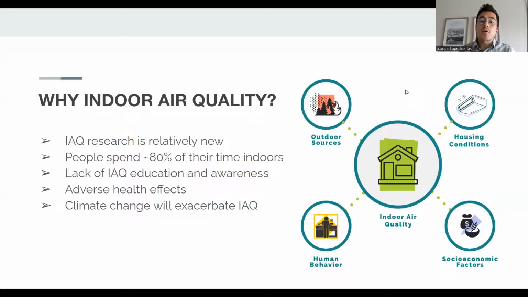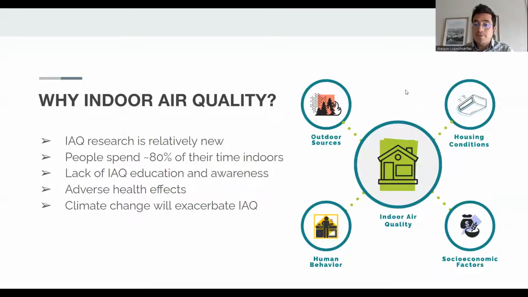Although there's an increasing awareness of air quality in cities and regions facing global changes with anthropogenic impacts that create repercussions on the environment, there is little research on indoor air quality. However, people spend more than 80% of their time indoors, but there is a lack of indoor air quality education and awareness.